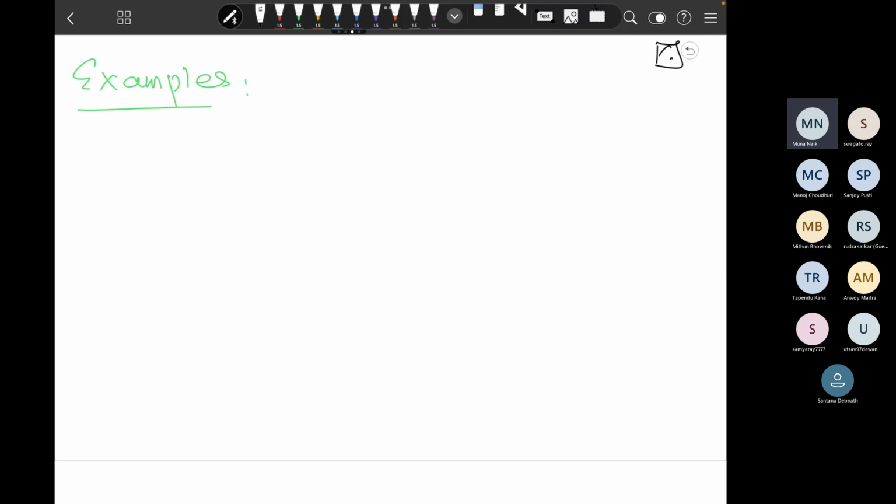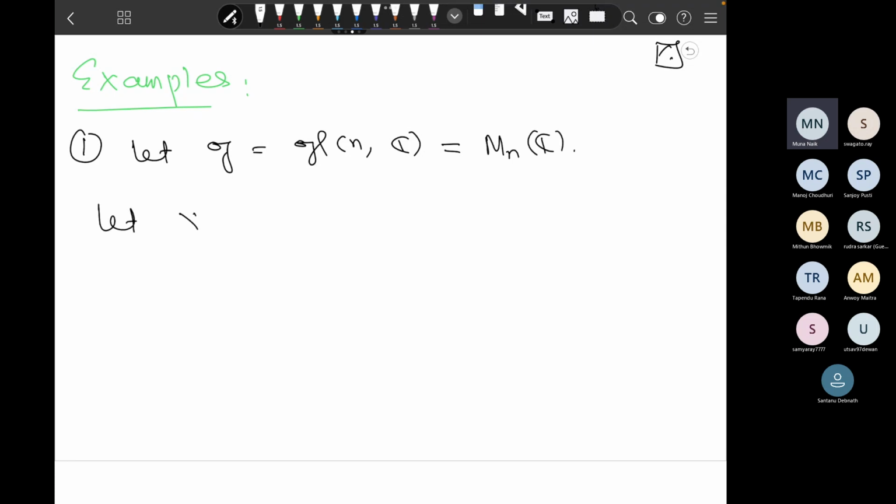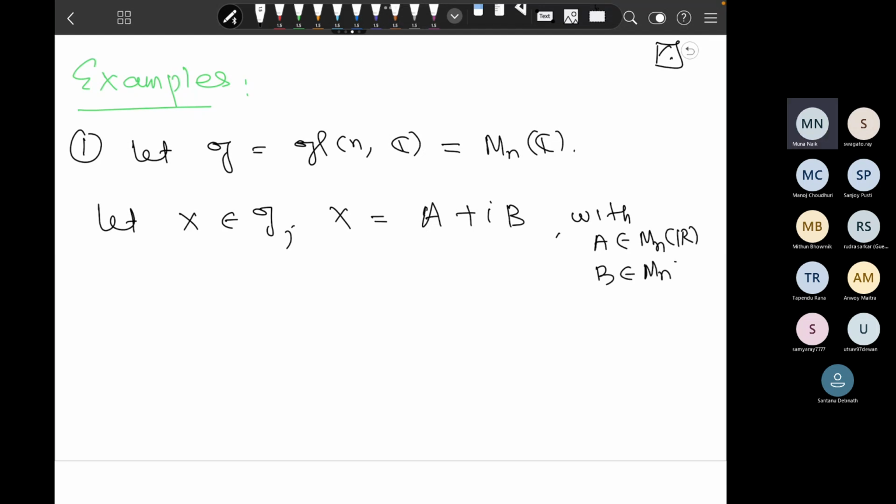First example: you take G equal to GL_n(C), and M_n(C) is the underlying matrix space. Let x belong to G. Then x can be uniquely written as x is equal to A plus iB, with A belonging to M_n(R) and B belonging to M_n(R).